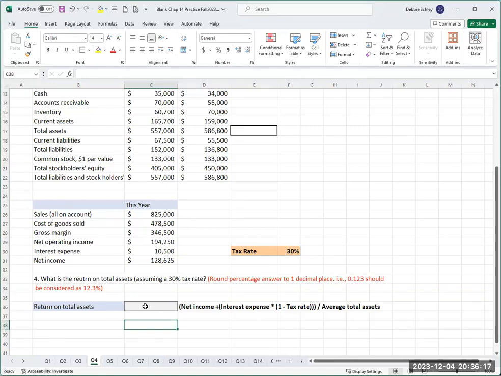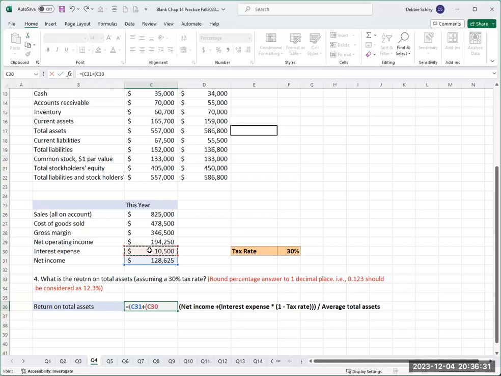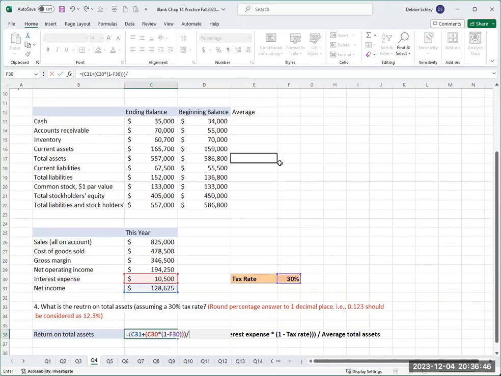So return on total assets, this one's a little tricky, equals parentheses, net income plus parentheses, interest expense times another parentheses, 1 minus the tax rate, close all 3 parentheses, divided by, oh dear, I didn't figure out average total assets. So we're going to do it all in one cell.